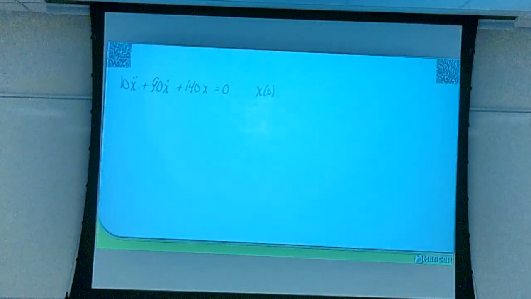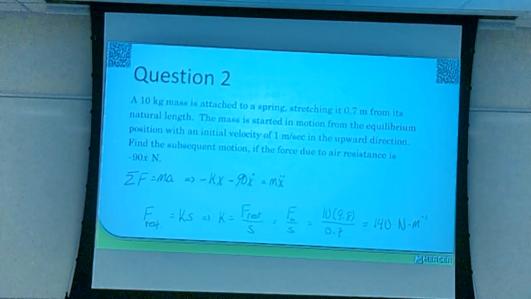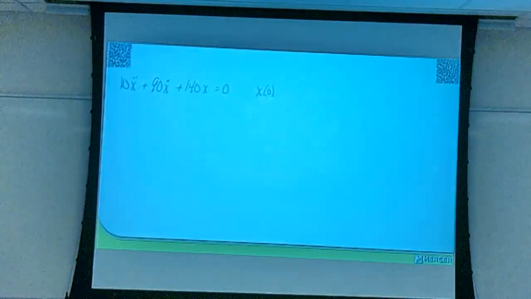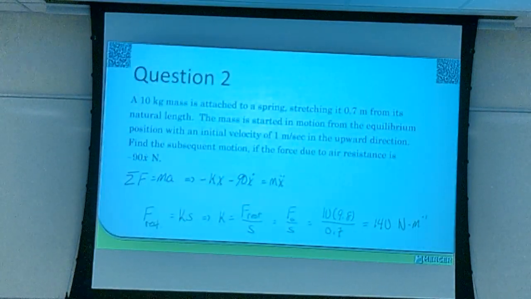So that is the model of motion, and it's applied to initial conditions. x of 0, what was its starting point when motion started? Equilibrium, which is 0. What was its starting velocity? 1 meter per second.